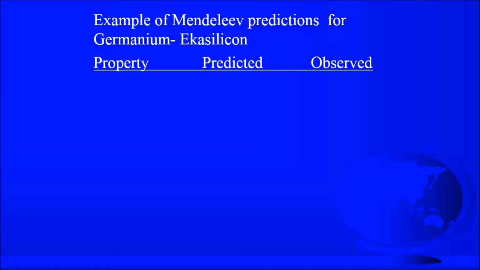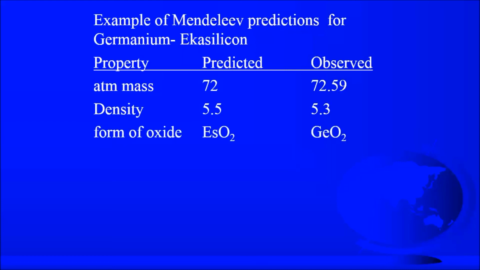But look at his predictions as opposed to the real characteristics and properties of germanium. He predicted a mass of 72, bam, 72.59. Density of 5.5, bam, 5.3, ain't bad. It's going to react with oxygen to form a formula of EsO2, well, GeO2.